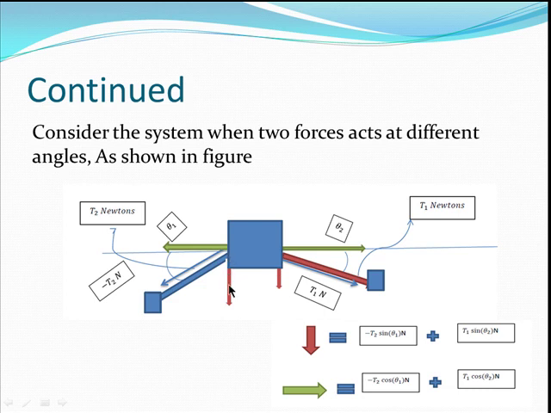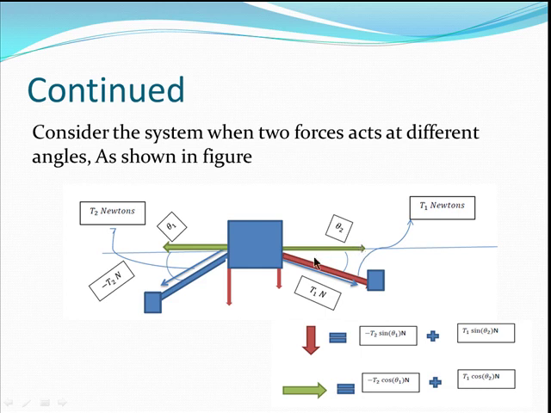Similarly, this component is minus T2 sine theta 1. The sum of these two forces is the total y component of the force. Similarly, the total x component of the forces will be minus T2 cos theta 1, which is the x component of minus T2 Newton, and T1 cos theta 2 Newton, which is the x component of T1 Newton force.